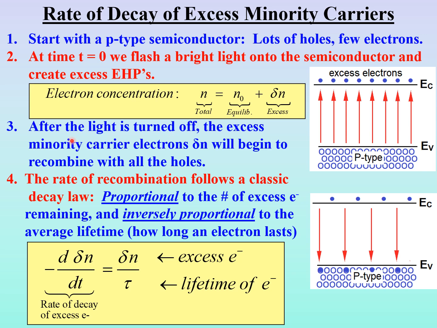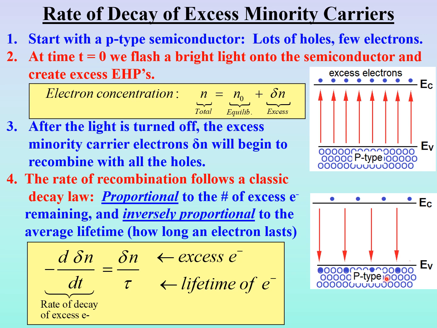Now, after the light is turned off, remember, these are minority carriers, because this is a p-type semiconductor. So these minority electrons will start to fall back into holes down here, because this semiconductor is not in equilibrium. We've created an imbalanced situation where we have a lot of excess electrons, and those excess electrons are going to want to jump back down into all the holes and recombine.